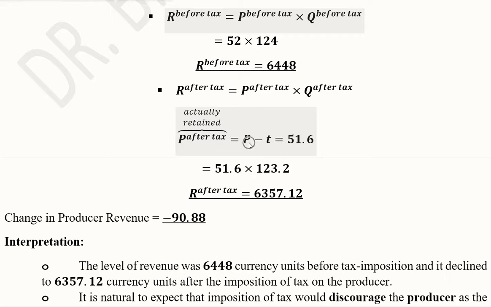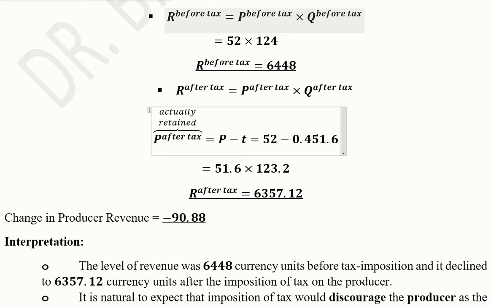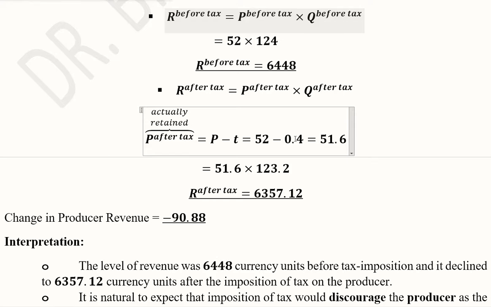So the price initially was 52, and out of 52, if we subtract the share that the producer is facing, which is 0.4, then the price would be 51.6. This is the original price, as P stands for original price, and the tax burden that the producer is facing is 0.4.